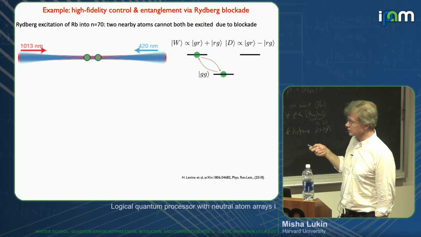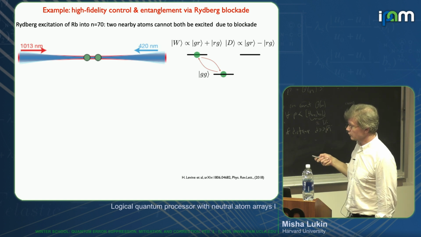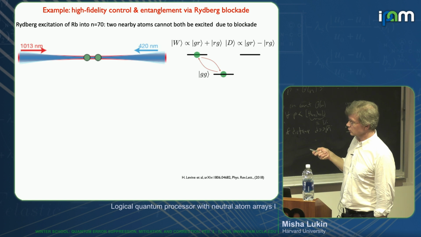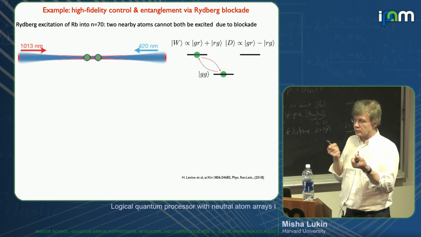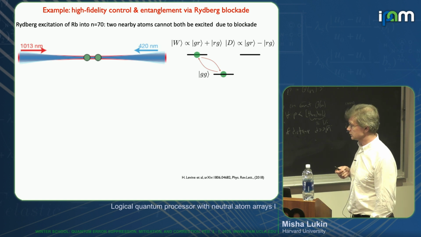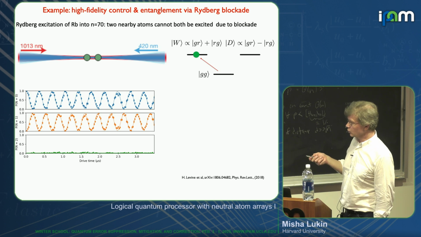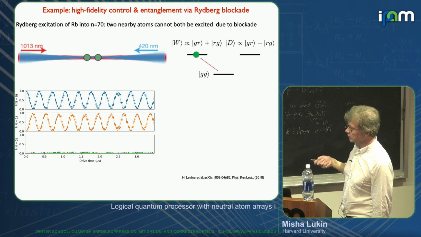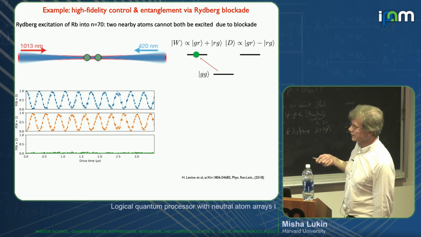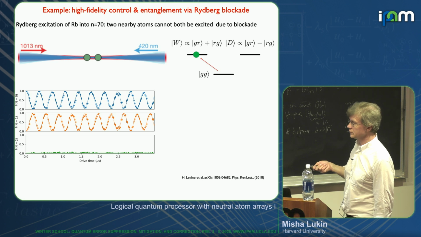So this doubly excited state is completely shifted from resonance. And if you do it in this configuration, you can excite one atom into a Rydberg state, but you don't know which of the 2 atoms you excited. So you actually create an entangled state for this reason. And you can verify it by looking, for example, at the probability of both atoms being in the ground state, the probability of one atom excited, and the probability of both atoms excited, which is basically noise, is 0.